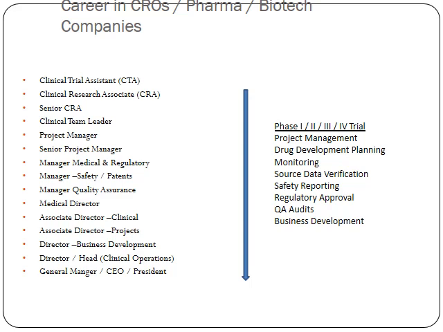So, a person can start his career as a clinical trial assistant, clinical research associate, senior CRA, clinical team leader, project manager, senior project manager, manager medical and regulatory affairs, manager safety, manager quality assurance, medical director, associate director, associate director projects, director business development, director head clinical operations, CEO, which is the chief executive officer, president.